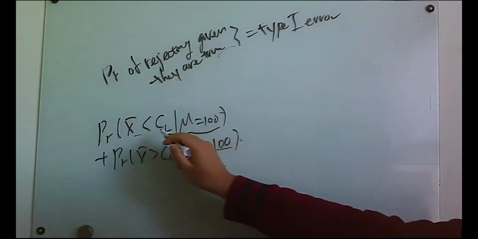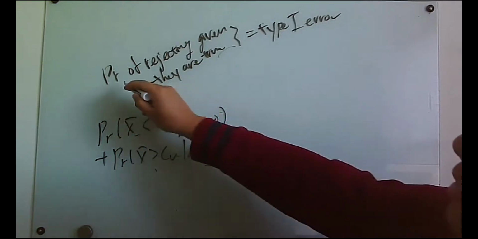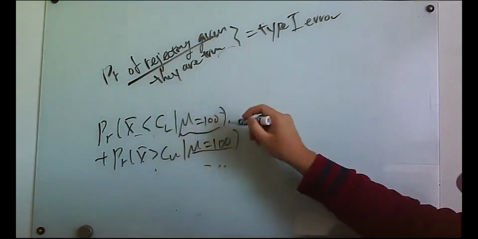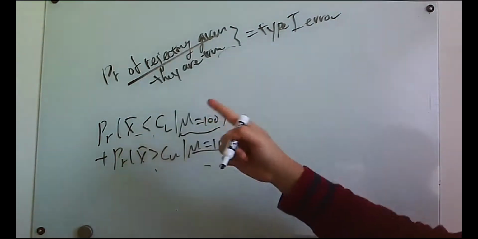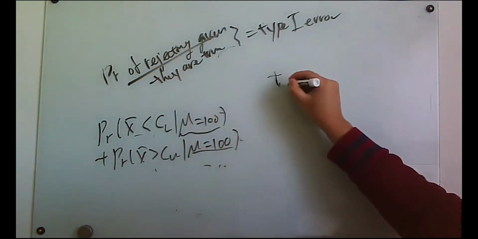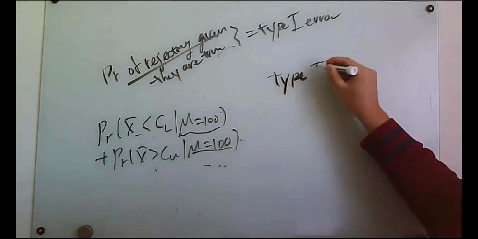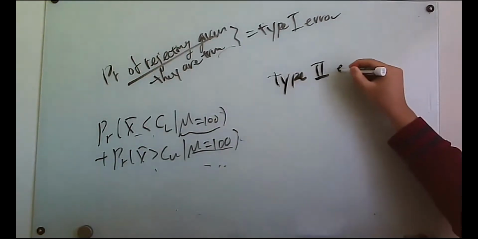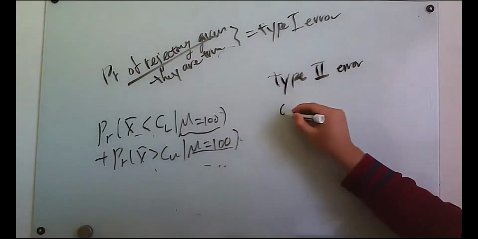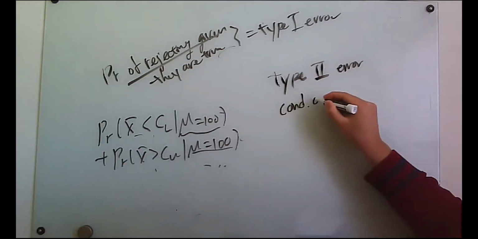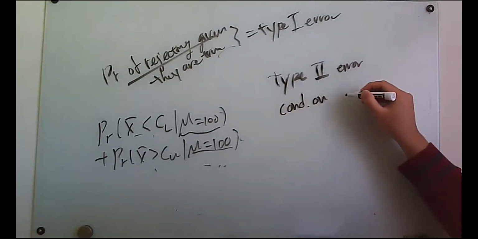So type 1 error is the probability of rejecting given they are true. That was the definition of type 1 error. Type 2 error, on the other hand, was what? Conditioning on the null being actually false, so you're supposed to reject something.